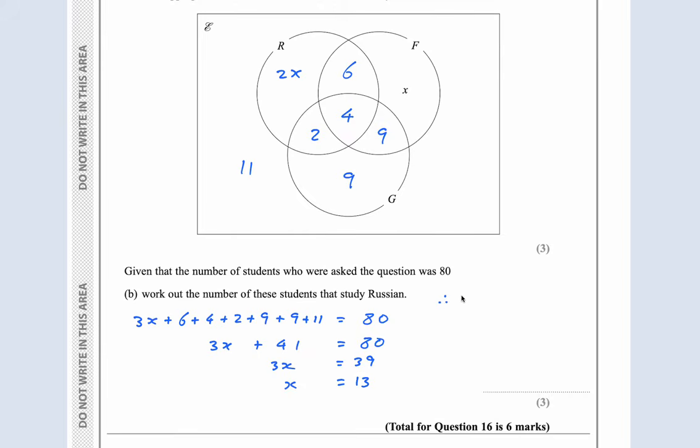Therefore, those who study Russian is 2x, which is 26, 2 times 13, plus 6 plus 4 plus 2 equals 32, 36, 38. 38 study Russian. Add up all of these.